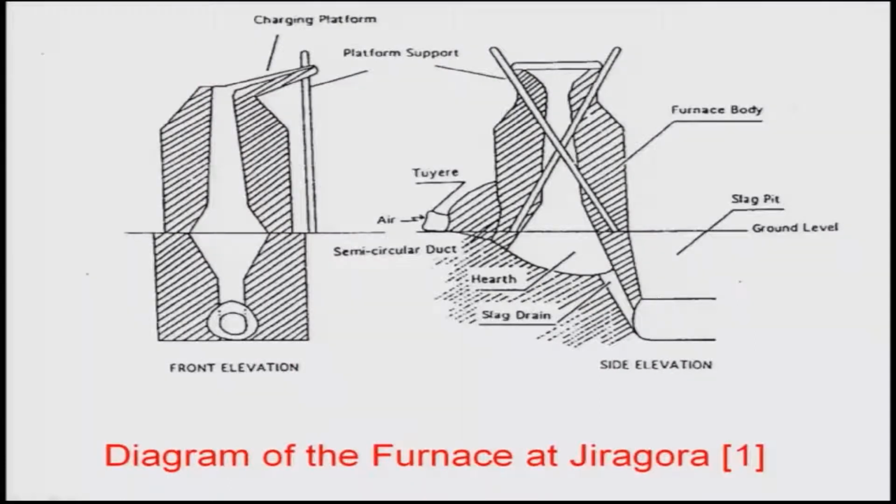There is another furnace at Jira Gora, which has a similar support, but here it has slag drains, and this is the earth below the ground level, and this is a slag pit, where slag will come and be deposited, and you can remove it.